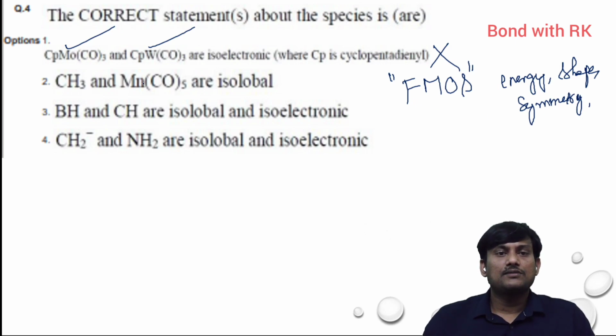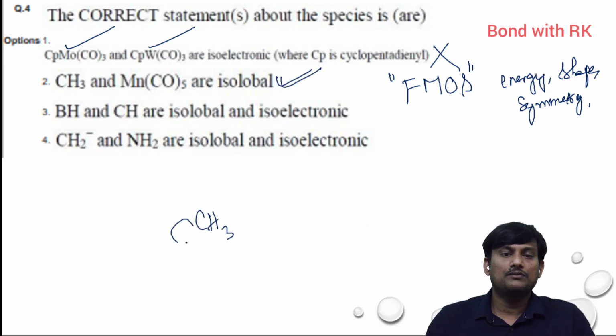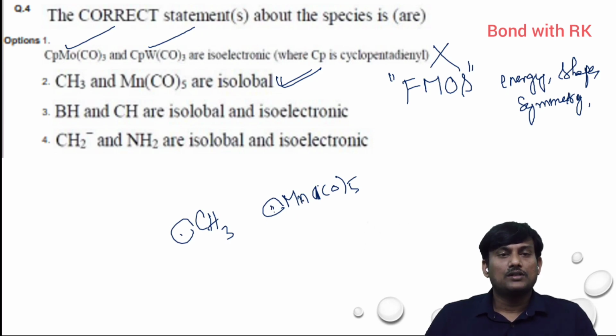So in the case of CH3 and Mn(CO)5, these are isolobal. CH3 has one frontier molecular orbital, and Mn(CO)5 also has one frontier molecular orbital. So these are isolobal.